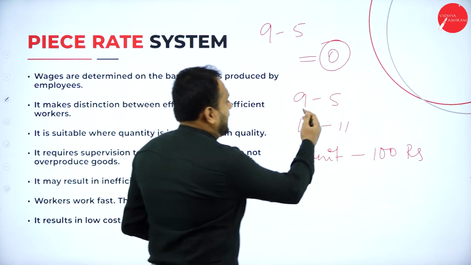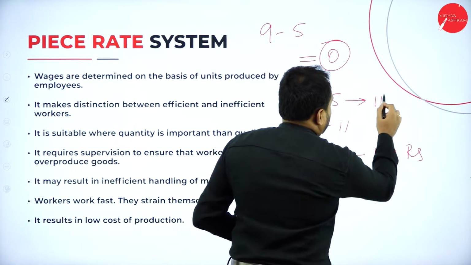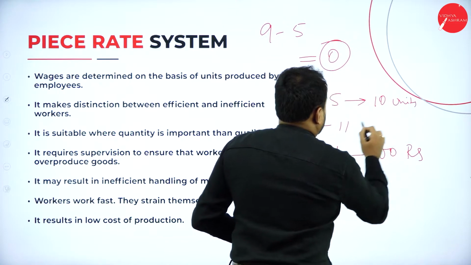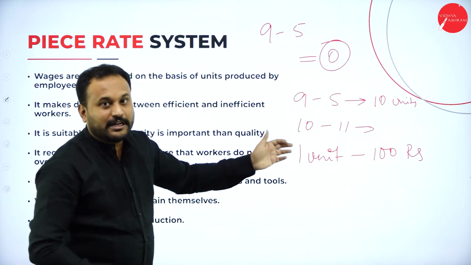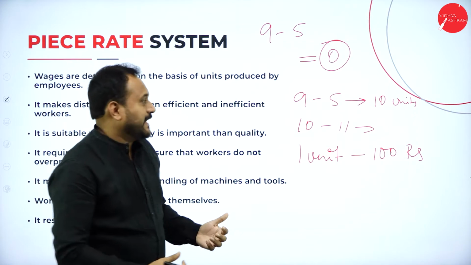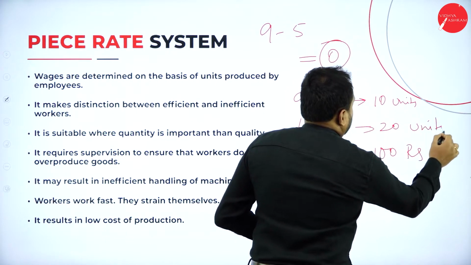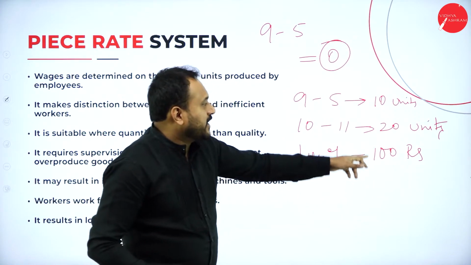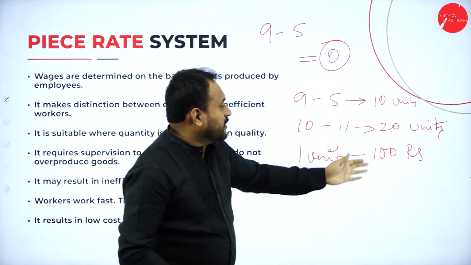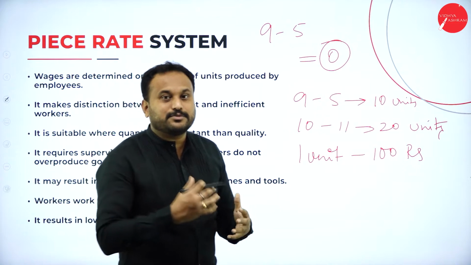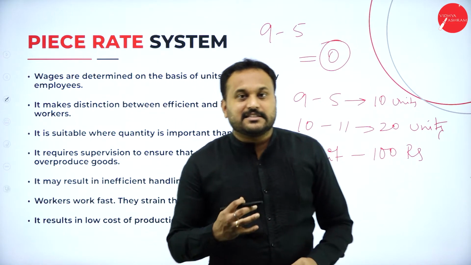Say for example, 9 to 5 I worked and I have produced only 10 units. And 10 to 11 somebody came and worked and produced say 20 units. Now 100 into 10 is what I'll get and 100 into 20 is what he will get. So that is what the piece rate system is all about.